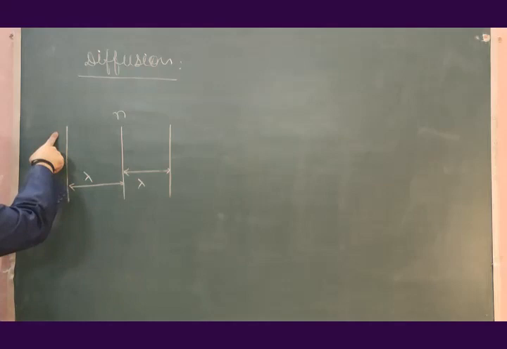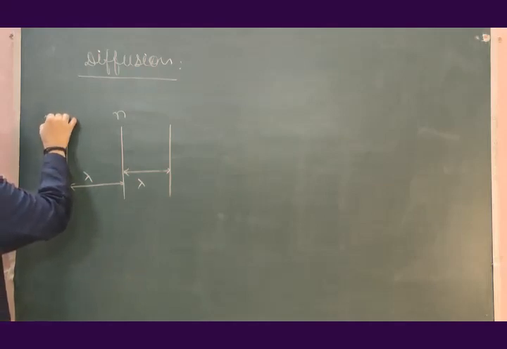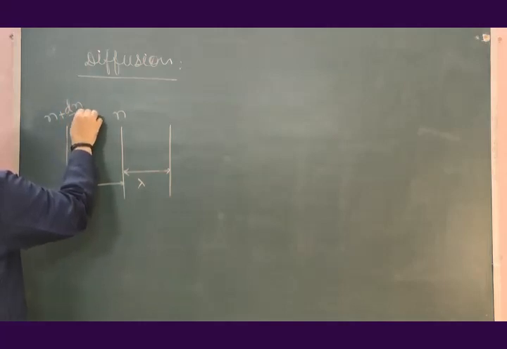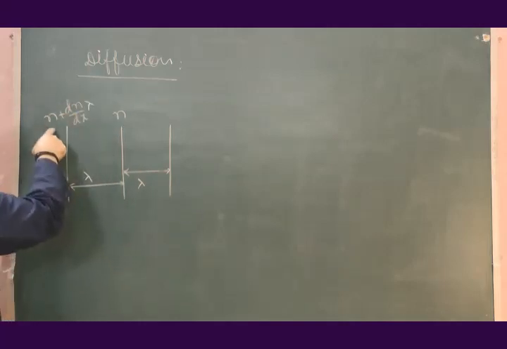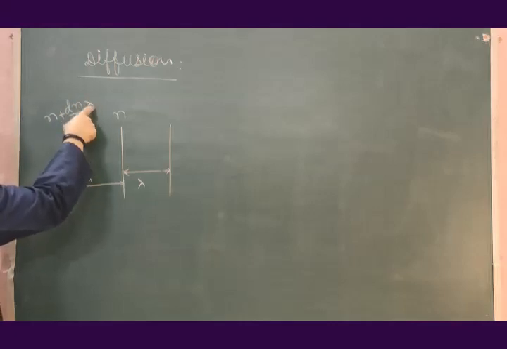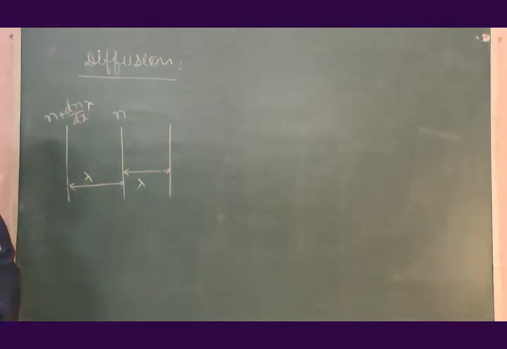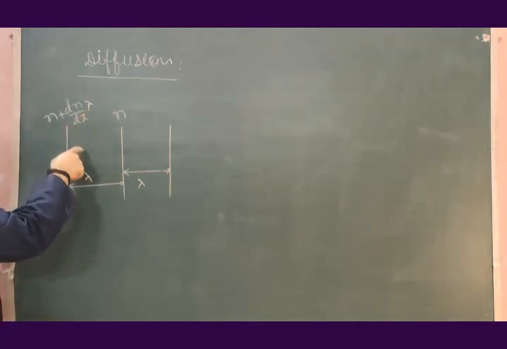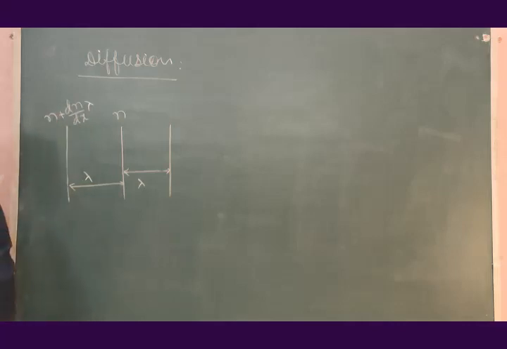If this is the higher concentration region, the concentration of molecules here will be n plus dn by dx into lambda. dn by dx is the concentration gradient, the rate of change of concentration of molecules per unit distance. Dimensions of distance will get cancelled. This will correspond to the concentration of molecules in the higher concentration region.